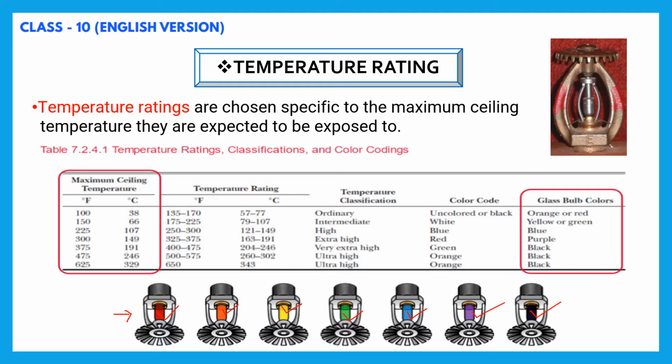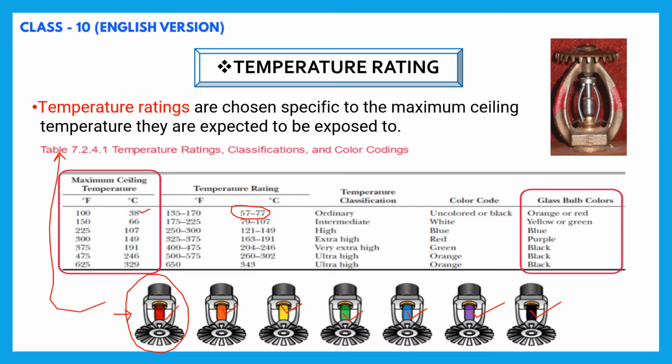So by looking at the sprinkler bulb color, we can say what is the temperature rating of this particular sprinkler based on this table which is available in NFPA 13. For example, if the maximum ceiling temperature is 38 degrees centigrade, then we will consider the sprinkler temperature rating in between 57 to 77 degrees centigrade.